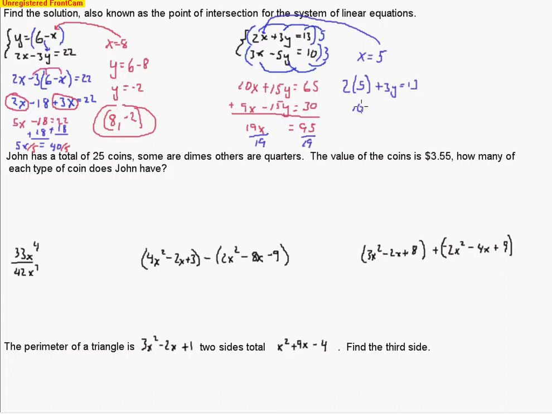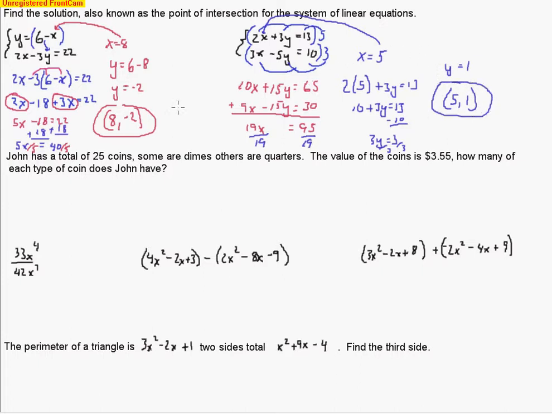I get 10 plus 3y, and this all equals 13. So now I just have to subtract. Take away that 10 from both sides. You get 3y equals 3. Do the division, and that's how we end up with y equals 1. So there it is. X is 5, while y is 1. This is where the two lines end up crossing.